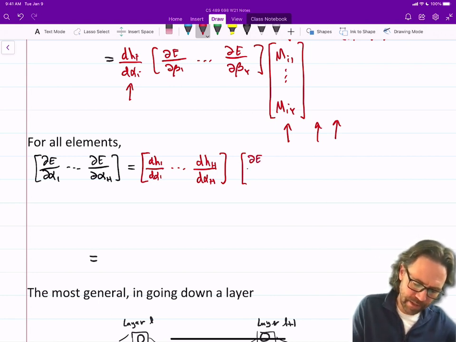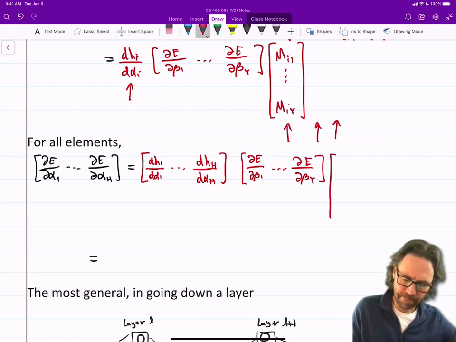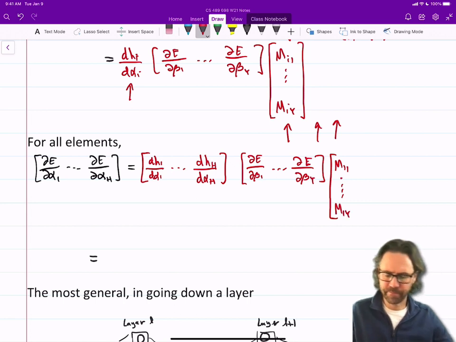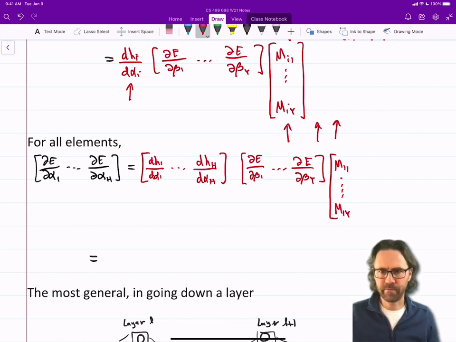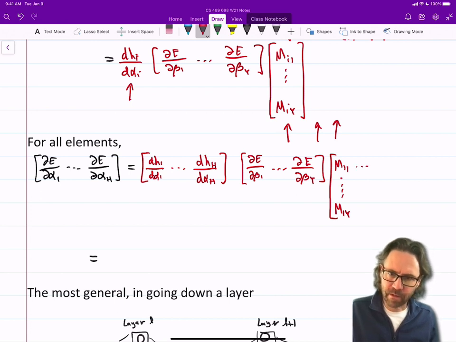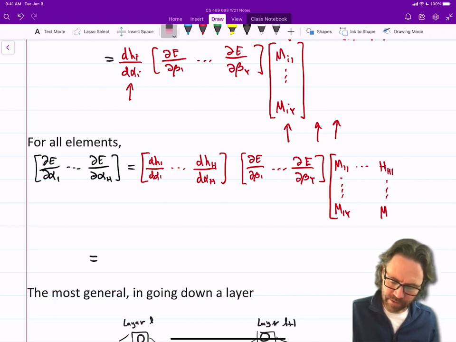Now ∂E by ∂β1 all the way to ∂E by ∂β capital Y times M11 all the way down to M1Y, over to the H column, MH1, MHY.